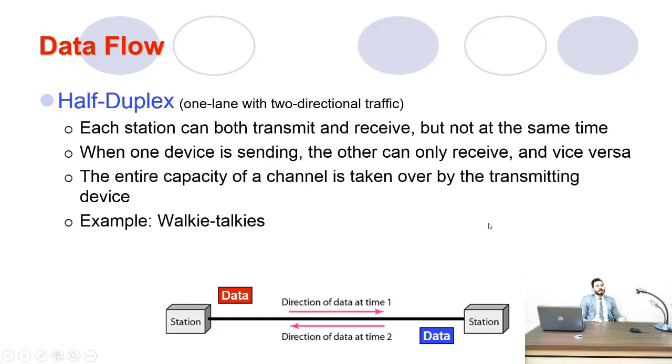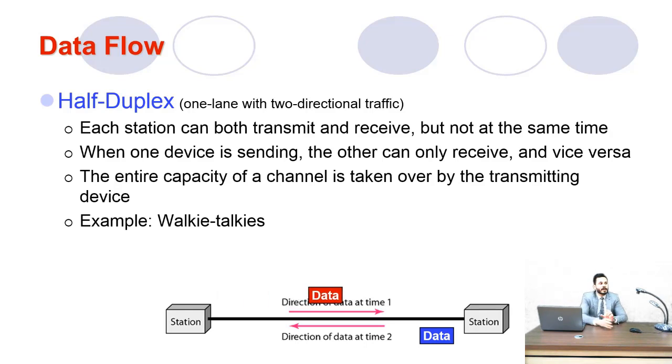The second type is half duplex. What does half duplex mean? Each station can both transmit and receive, but not at the same time. So when one device is sending data, the other can only receive, and vice versa.